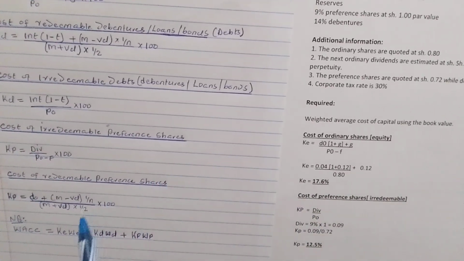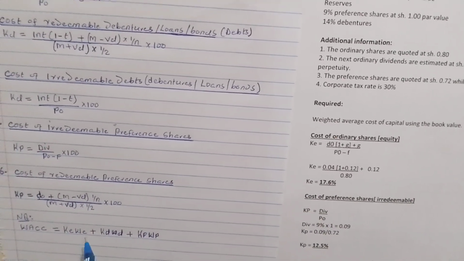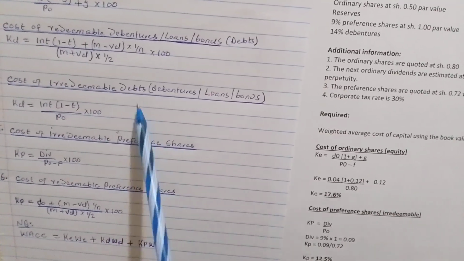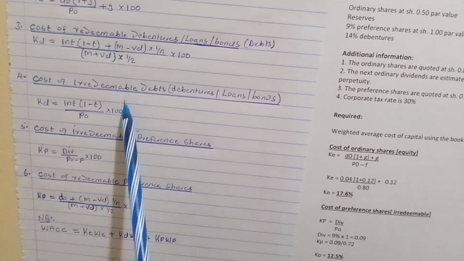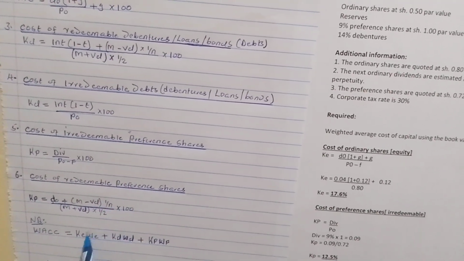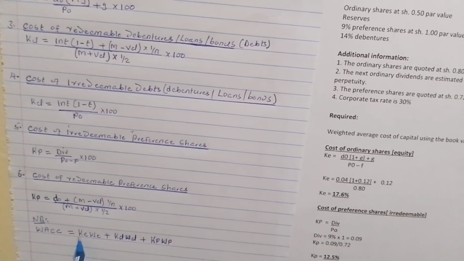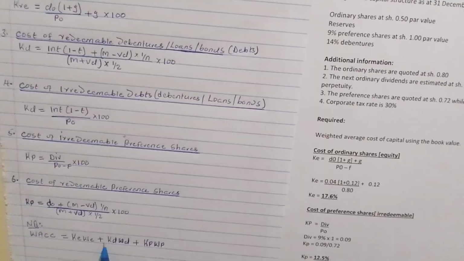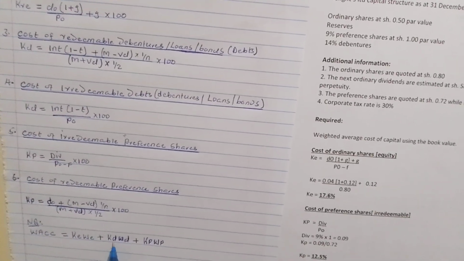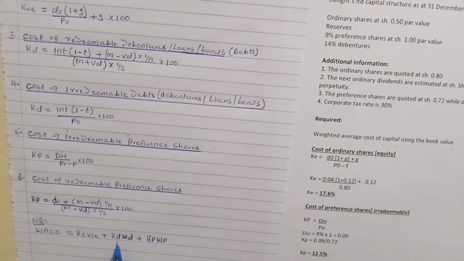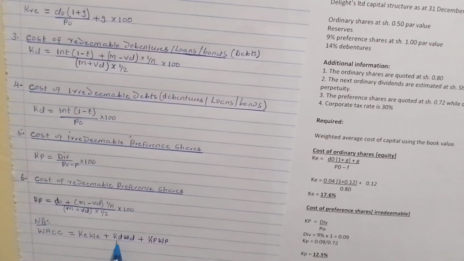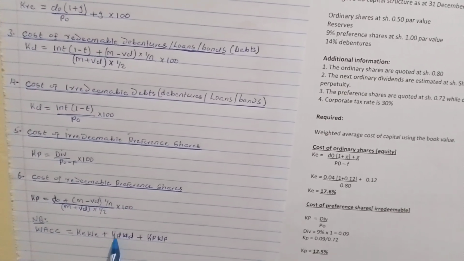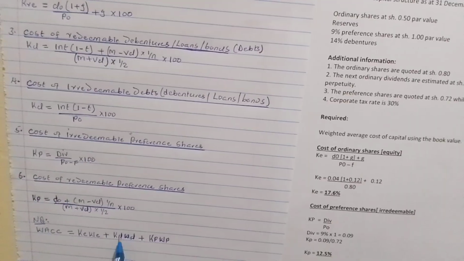Now here, the reason why I have insisted that you should familiarize yourself with the calculation of the cost of these capital elements is because you'll be taking KE, that is cost of equity. You'll be taking KD, cost of debt, which can either be irredeemable or redeemable debt, which can be a debenture, loans, or bonds.